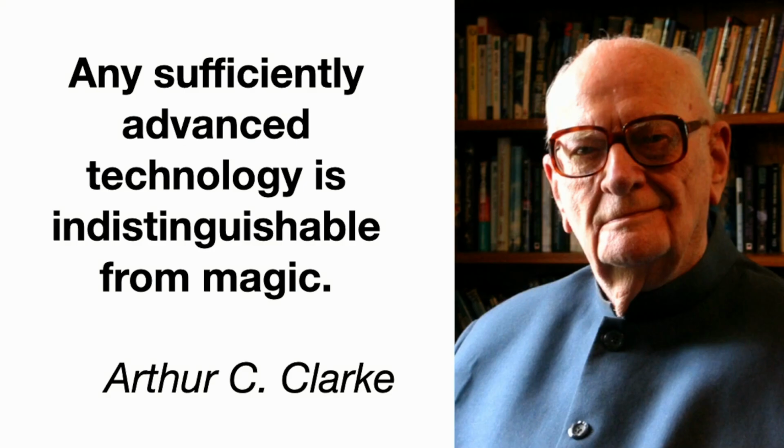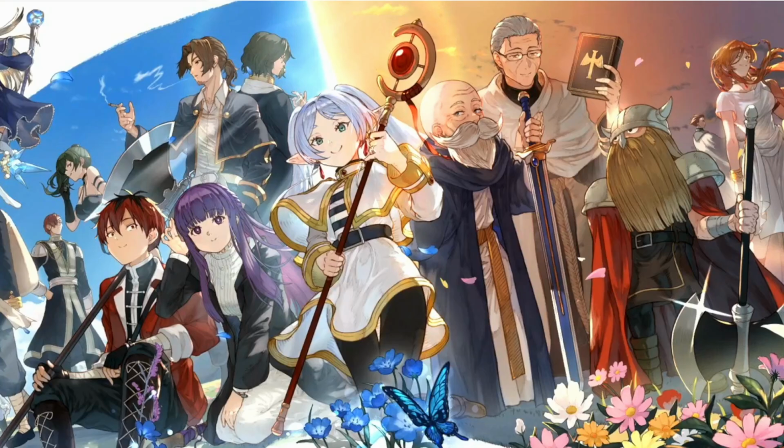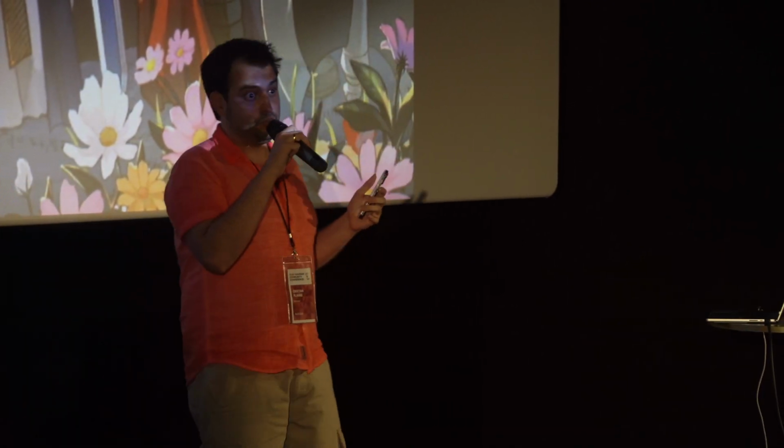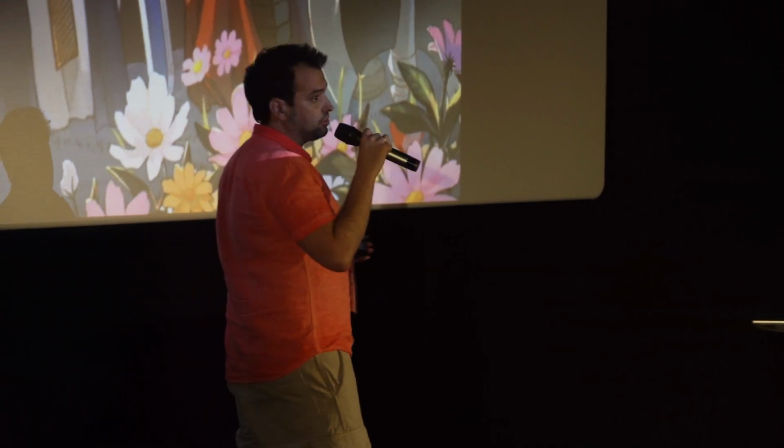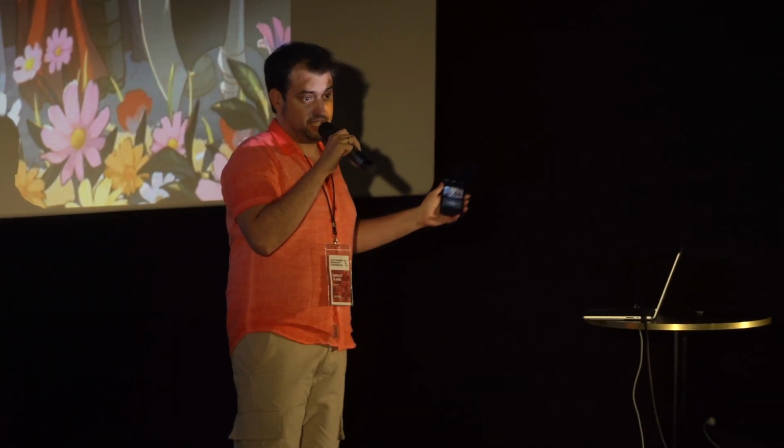But this metaphor is not created by me. Arthur C. Clarke said it in a different way. And what makes Frieren special and relevant to this? In Frieren, she lives in a world where there are very few elves. Elves are immortal, and the vast majority of other characters are human. So she lives through a lot of things. You see the development of magic through centuries.